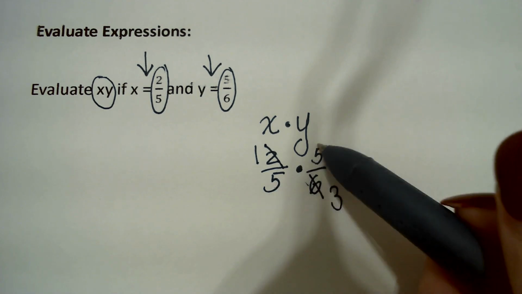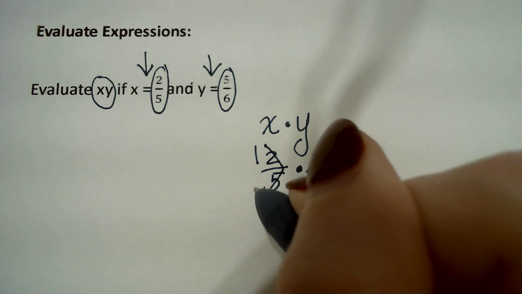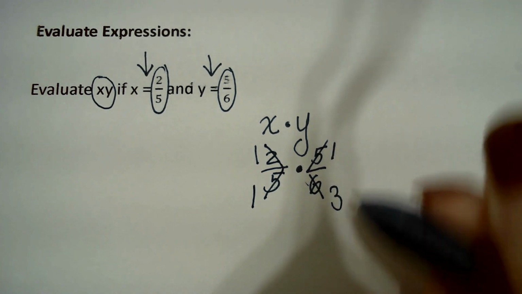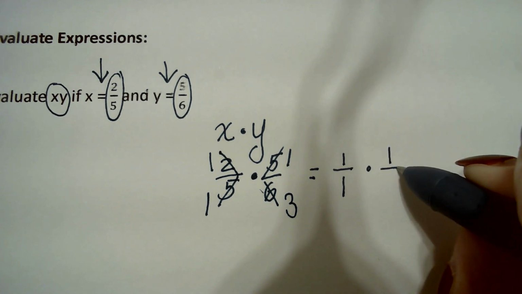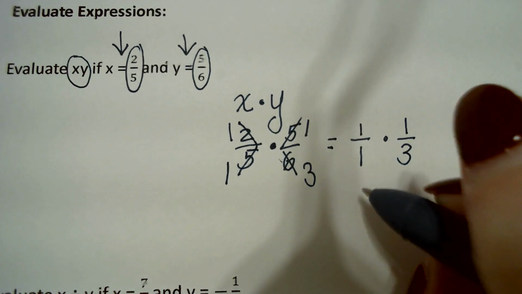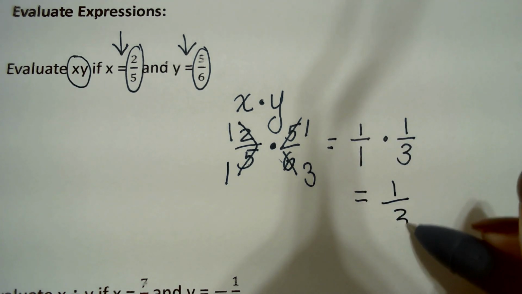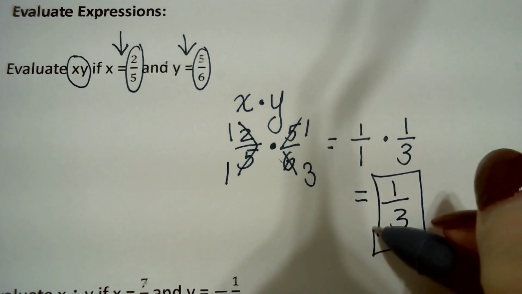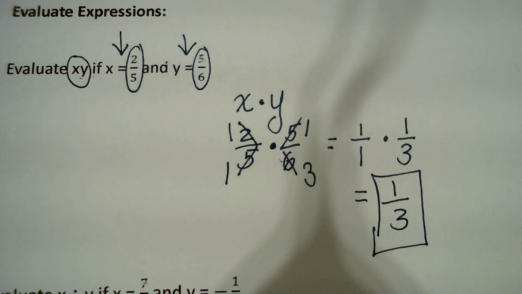That means they can both be divided by 5. So 5 divided by 5 is 1. 5 divided by 5 is 1. So our new problem is 1 over 1 times 1 over 3. Don't you love it when it simplifies so nicely? So when we multiply, we get 1/3.